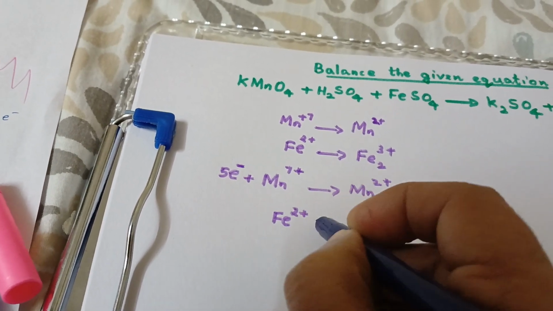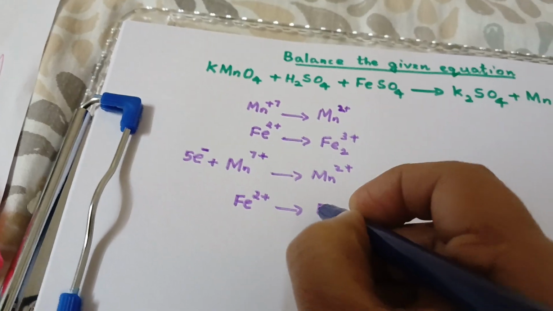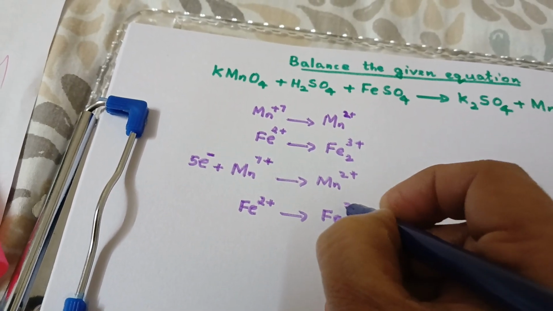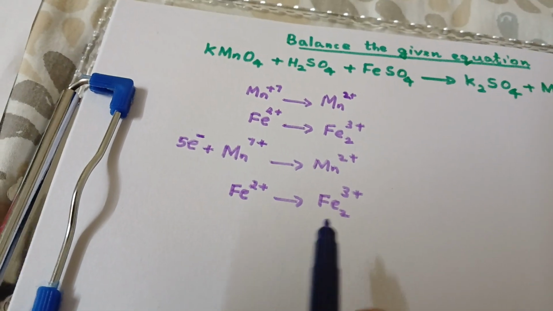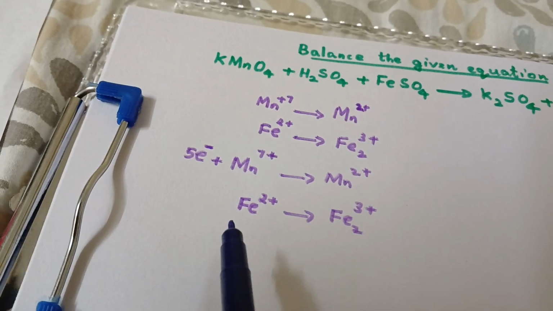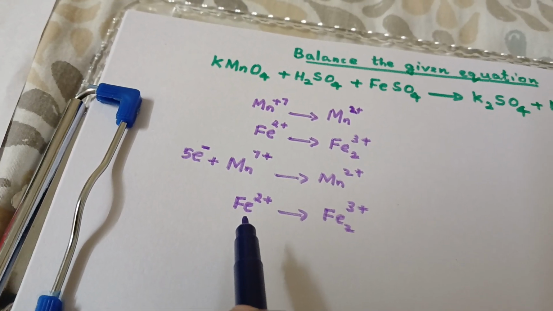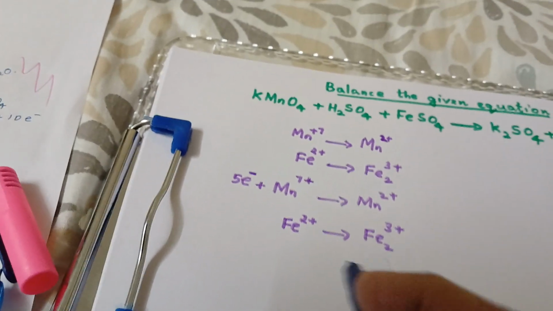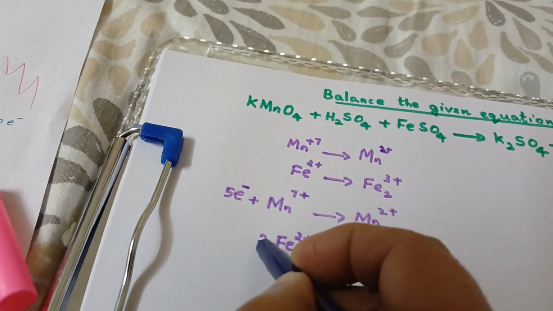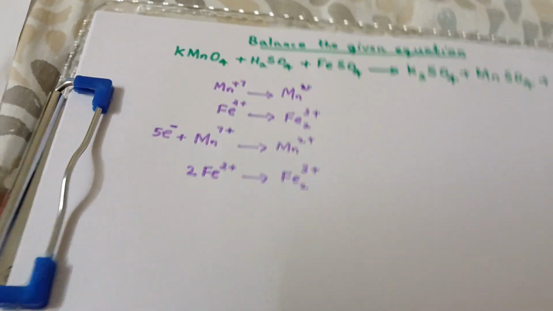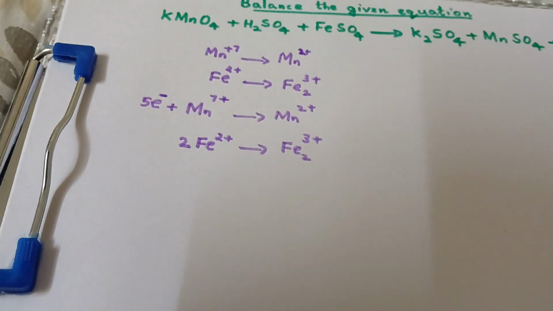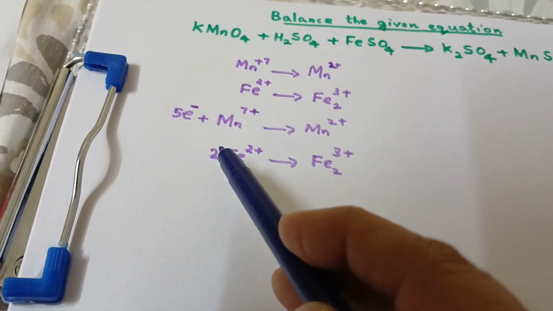Let us write the next one. Fe 2+ giving Fe 3+. There is only 1 Fe on the left hand side and 2 on the right hand side, so let us put a 2 here. Now iron atoms are balanced. Now let us look at the charges.